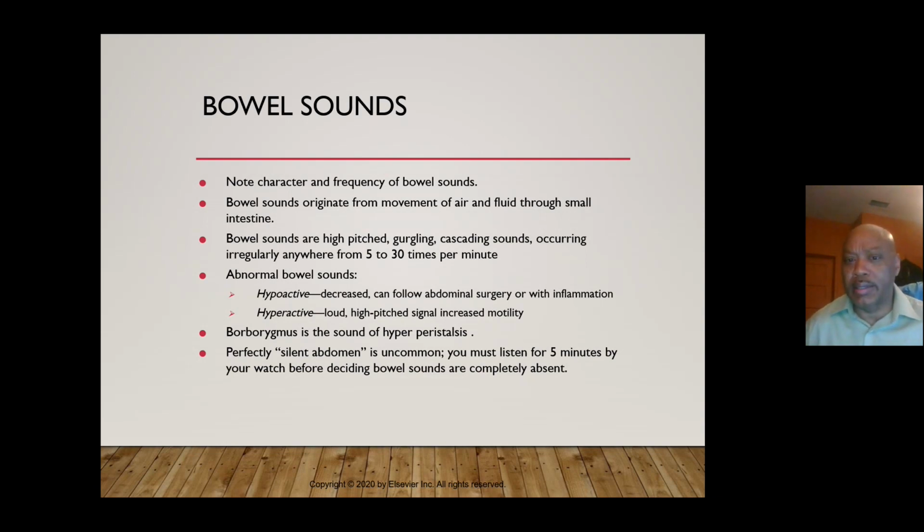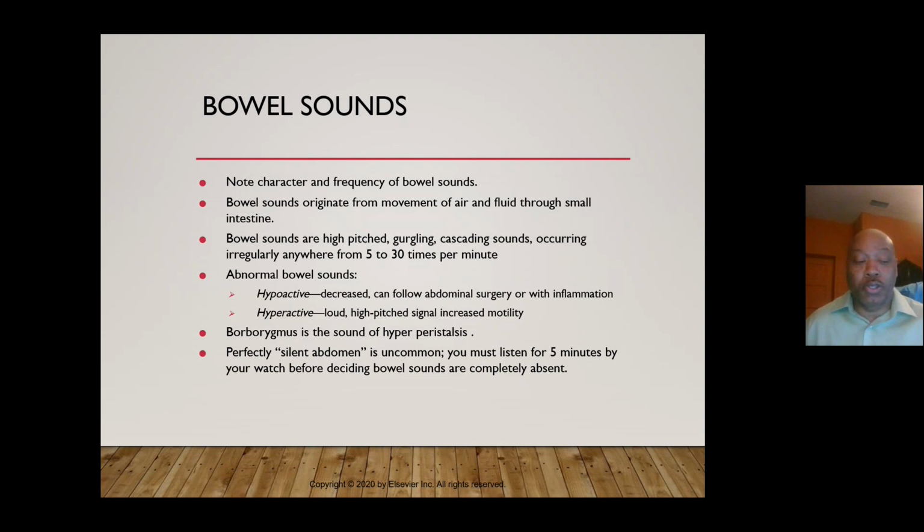And we'll talk about some of the language that we use, and also some of the procedures we use in terms of assessing our patients. So you guys have heard of bowel sounds, of course, and we have to think about where these bowel sounds originate.